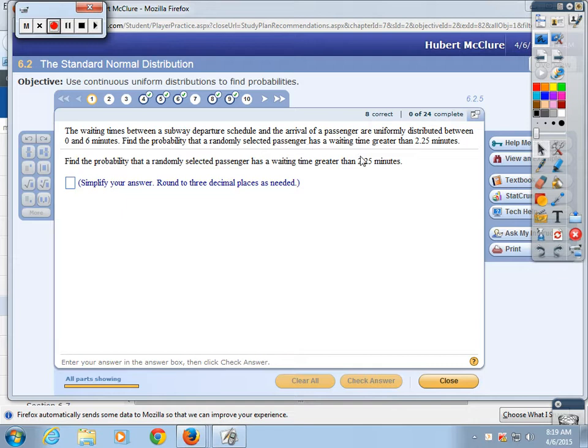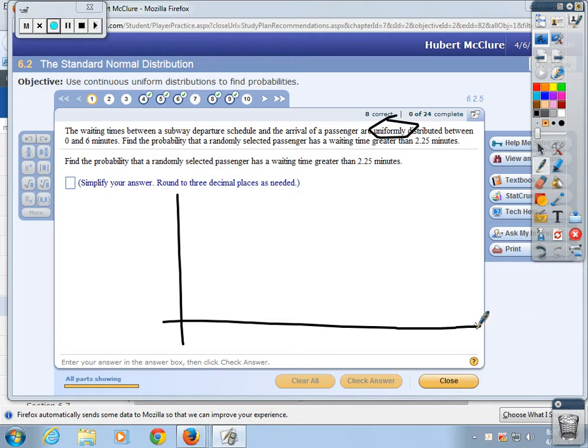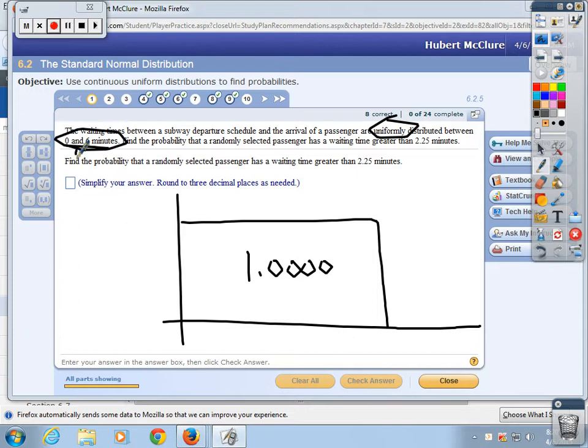So the first thing you're going to do is draw your handy dandy uniform distribution, because it says uniformly. And what's the area in that box? 1.000. And what is the base? Here's the base right here, 0 to 6 minutes.